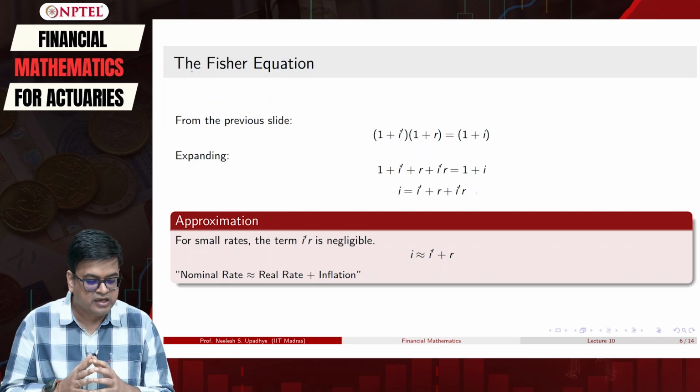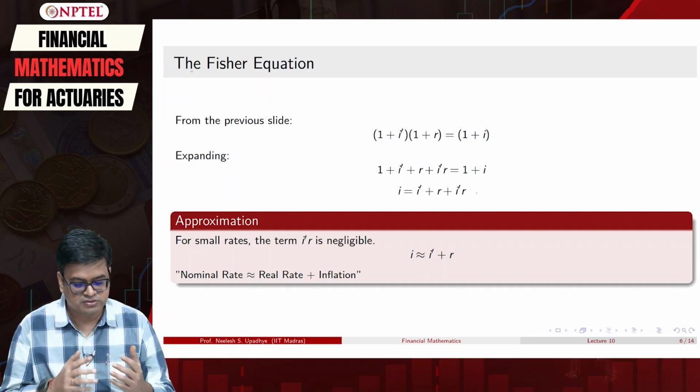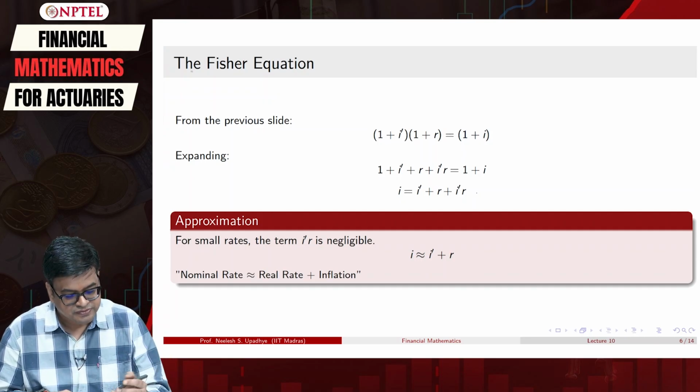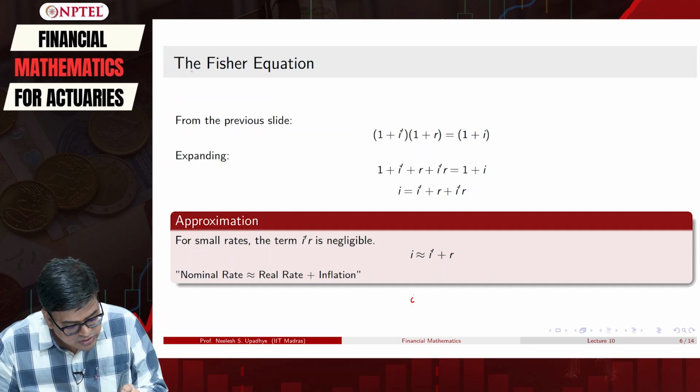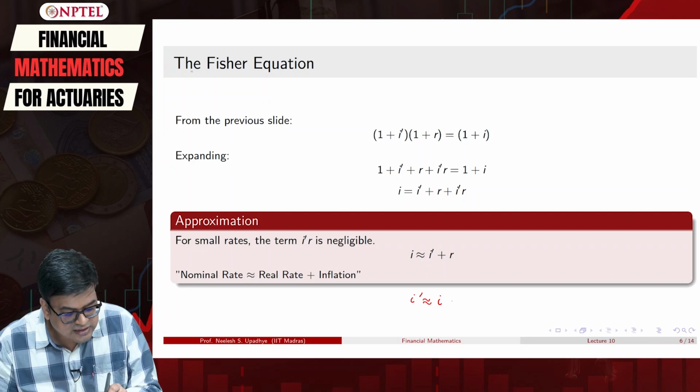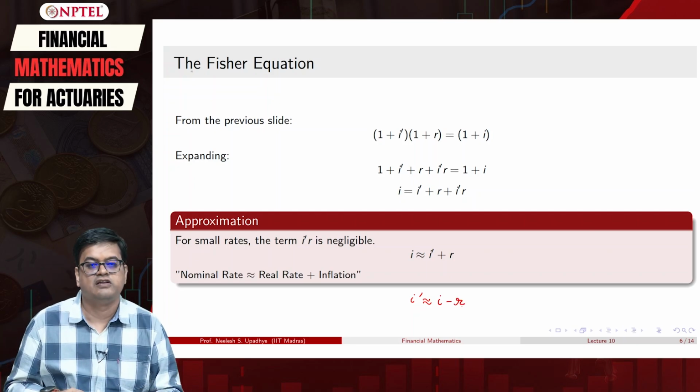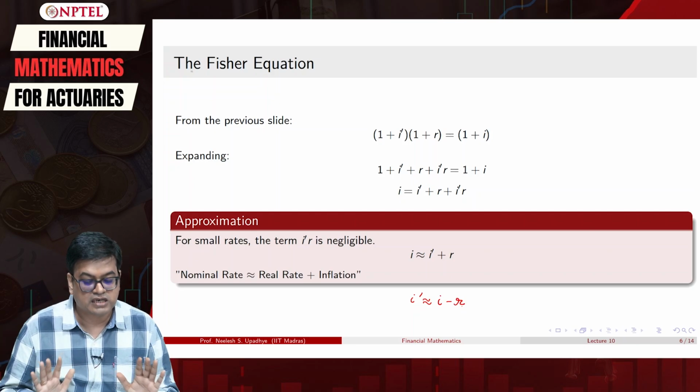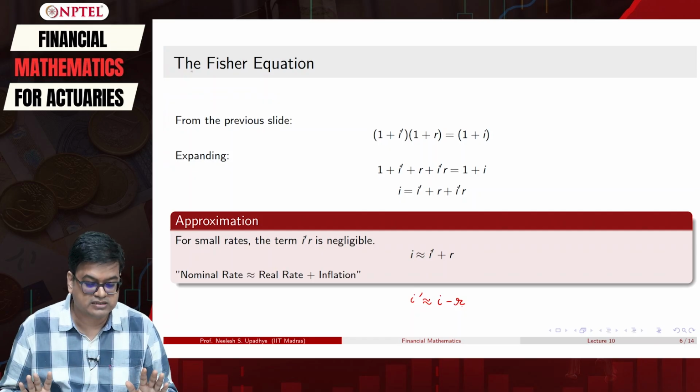Therefore, if you look at newspapers which deal with finance headlines, they will always give you this approximation: I' is approximately equal to the interest rate that you are earning minus the inflation rate. But this is an approximation, not an exact answer.